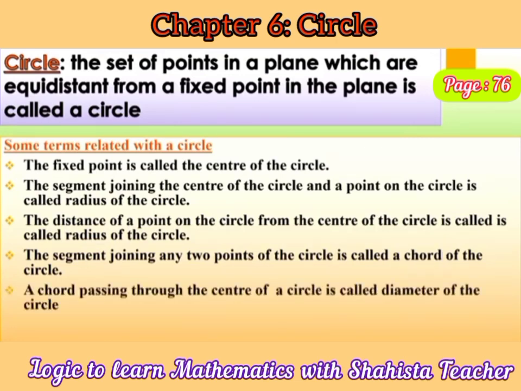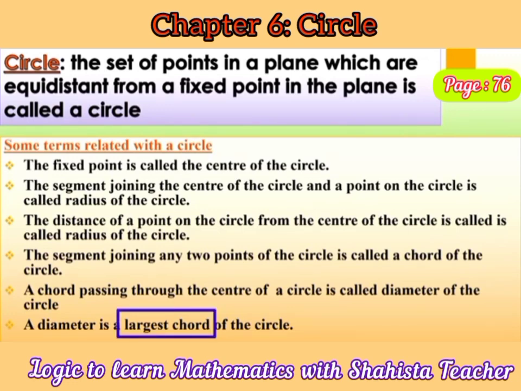And a chord passing through the center of the circle is called the diameter of the circle. So these all are the related terms with a circle. And lastly, a diameter is the largest chord of the circle. Is that clear, my dear students?